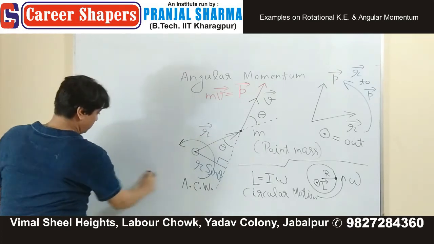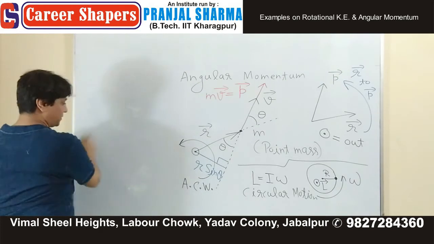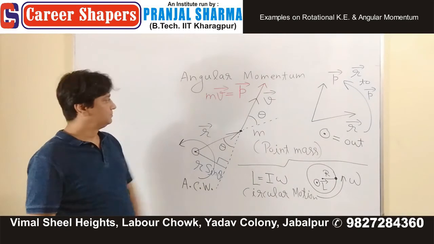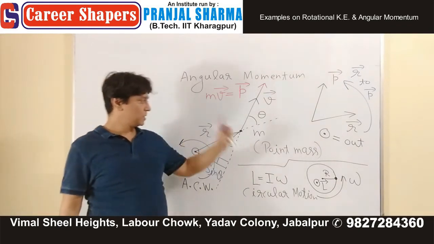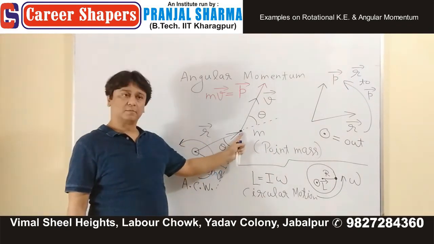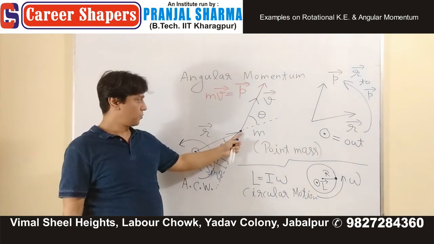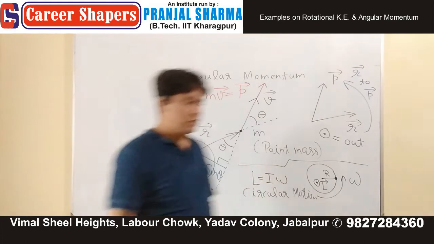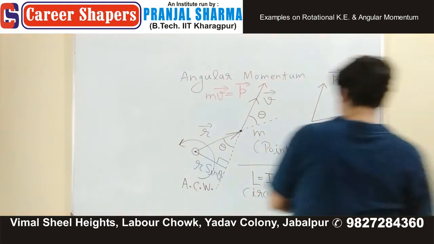Let's see how many of you can answer this next part. In this figure, object is initially over here and is moving in this direction with V. We are not changing V, V is kept same.